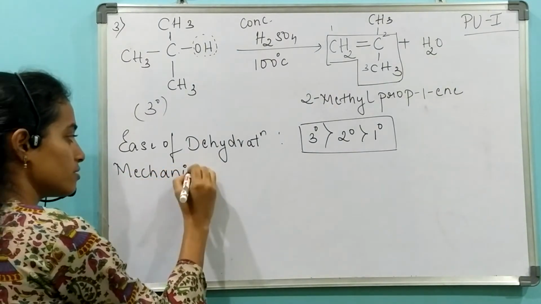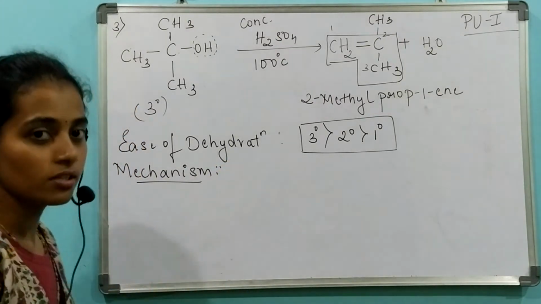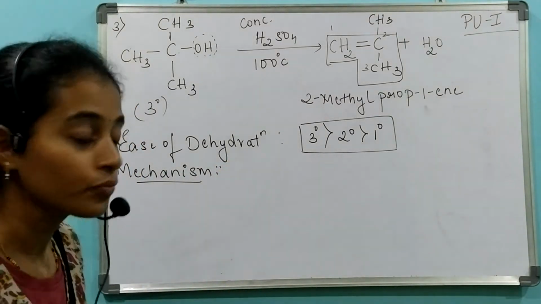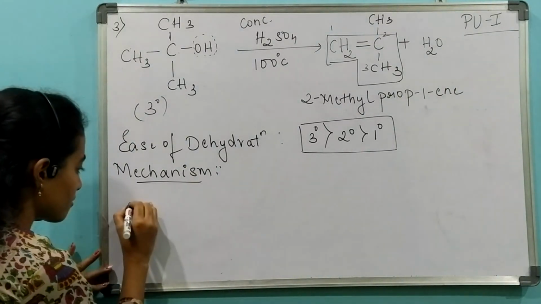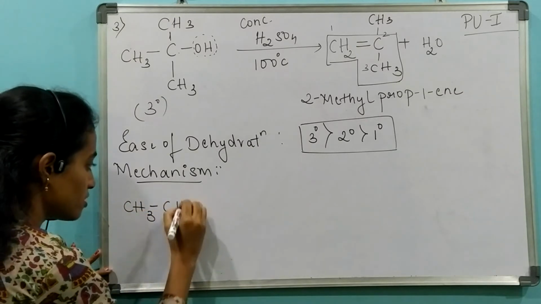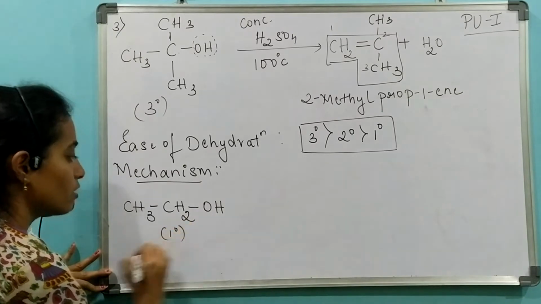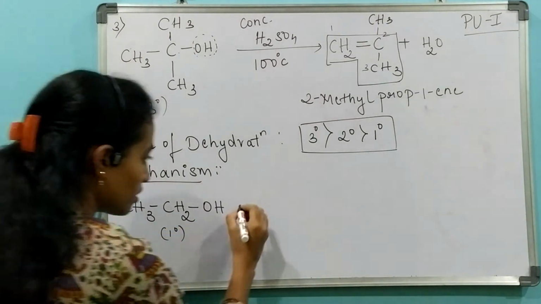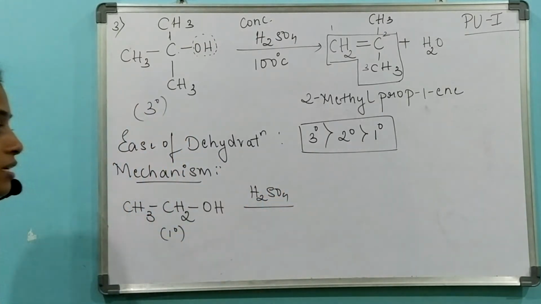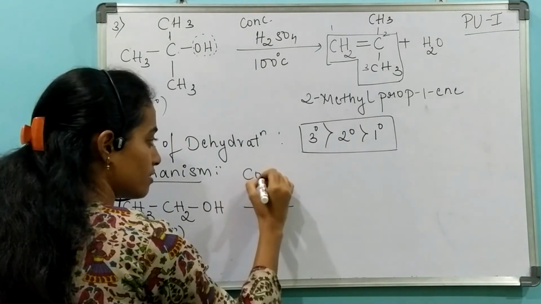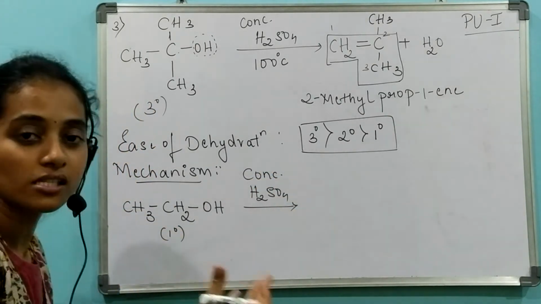In the mechanism for this particular reaction, we follow an elimination reaction. That means we are eliminating the water molecule from here. If we see step by step, let me take CH3CH2OH. That is, I have taken a primary alcohol. When I react the primary alcohol with H2SO4, concentrated sulfuric acid, which is acting as a dehydrating agent, it protonates the alcohol.